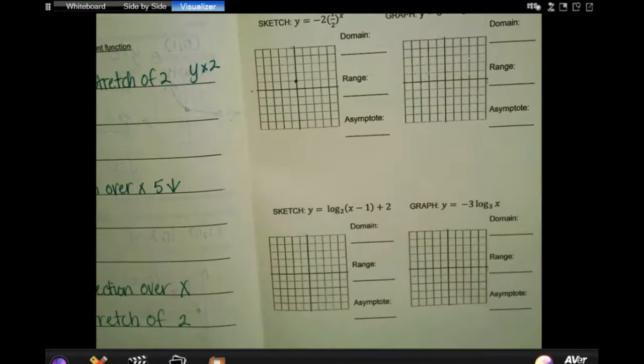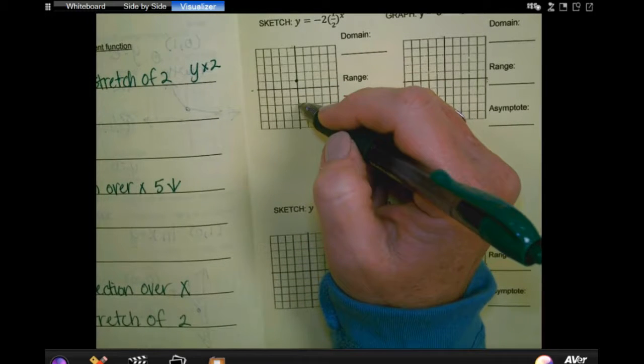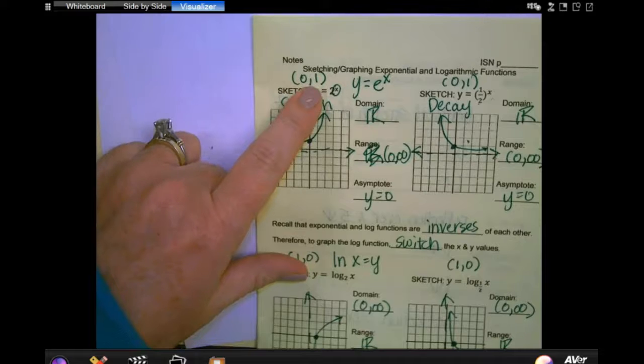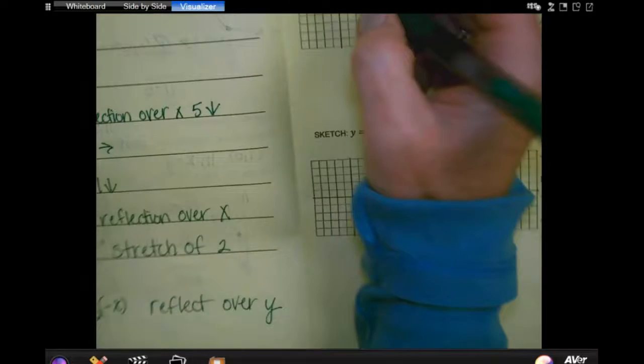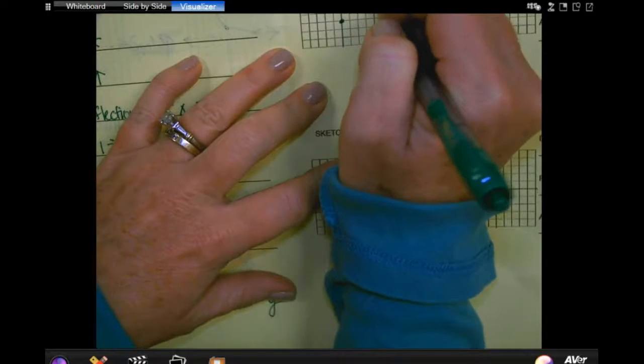So the negative 2, what does that do? It's reflected over the x-axis. And so if I reflect it over the x-axis and I multiply the y times -2, does that change my point? Well, it starts at 0, 1. If I multiply the y times -2, what's my new y? -2. But the asymptote doesn't shift.